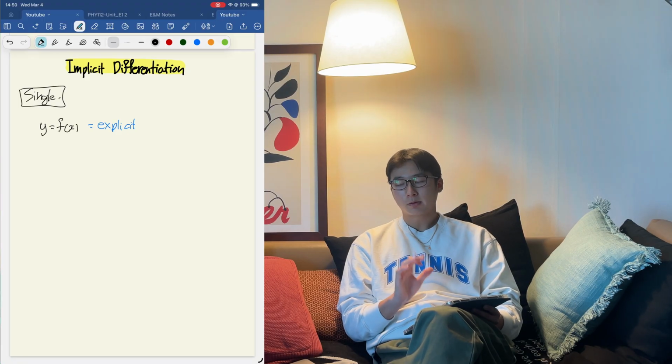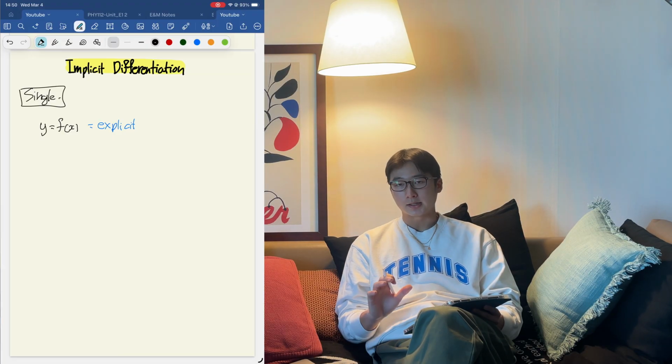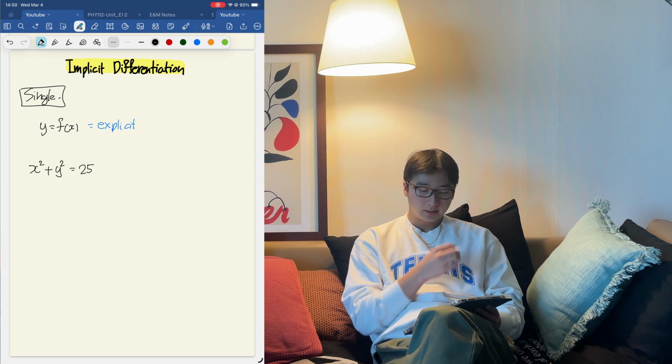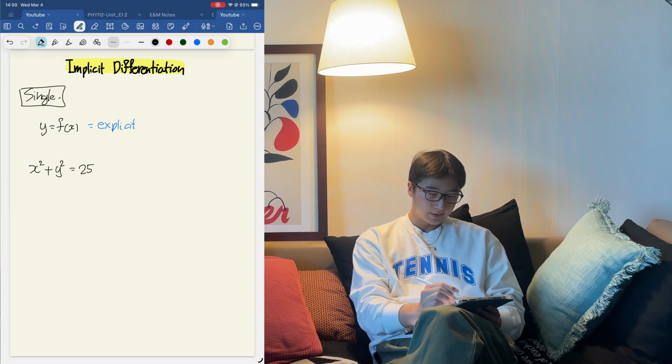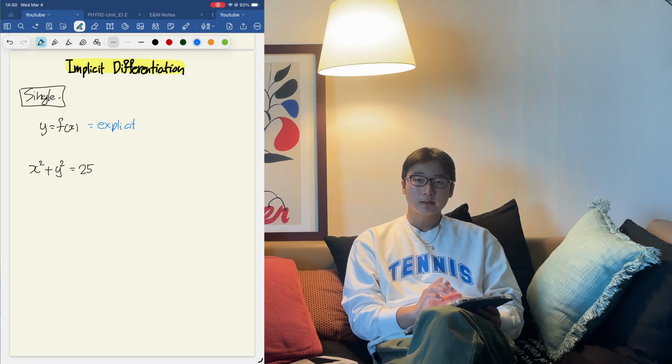But sometimes the relationship between x and y is given implicitly, such as x squared plus y squared is 25. This is the equation of a circle where the radius is 5, right? And the y term is not isolated.